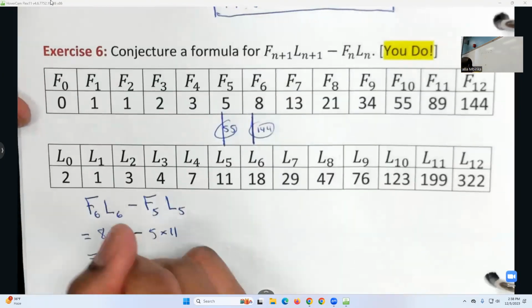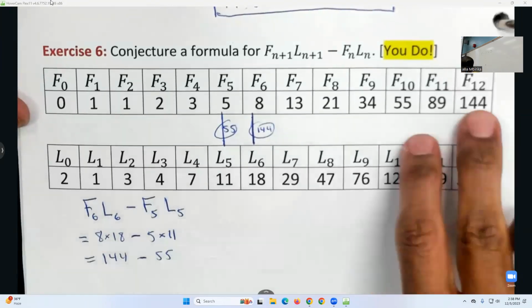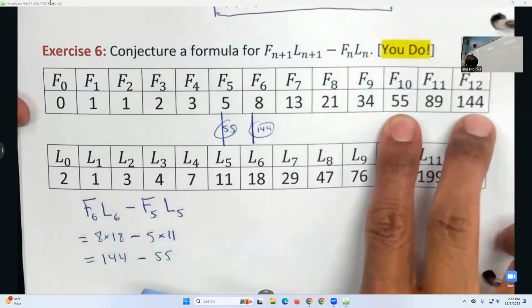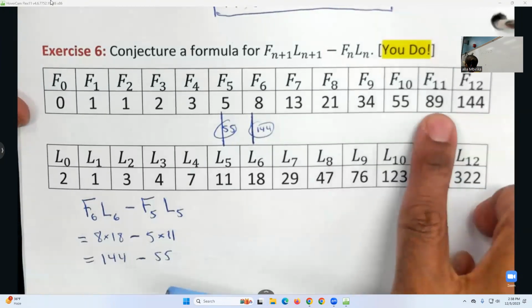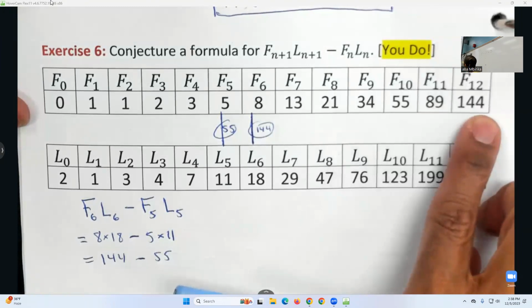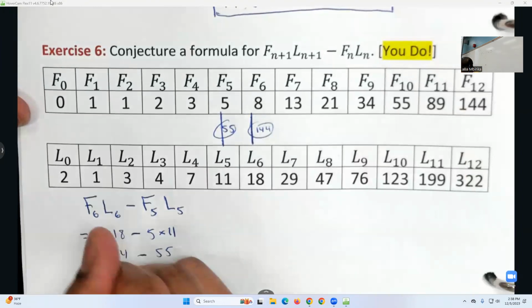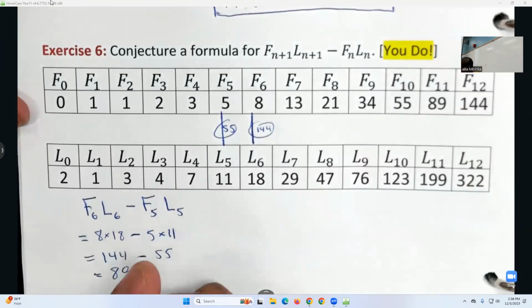So we have 144 minus 55. Notice those are two Fibonacci numbers. 144 minus 55 is necessarily equal to the number in between them, because 55 plus 89 is 144. So 144 minus 55 better be equal to 89, which is F sub 11.